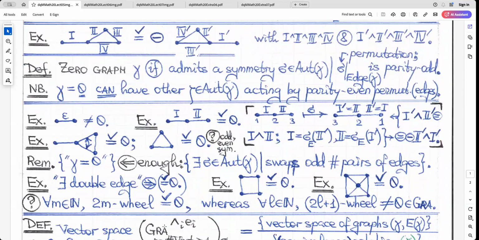As I said, we can identify a zero graph easily if we have an automorphism which interchanges edges in pairs, not in longer sets, and does it for an odd number of pairs. Let us see. There are many examples of non-zero graphs. What do you really call an automorphism? Should this preserve the sign or no?